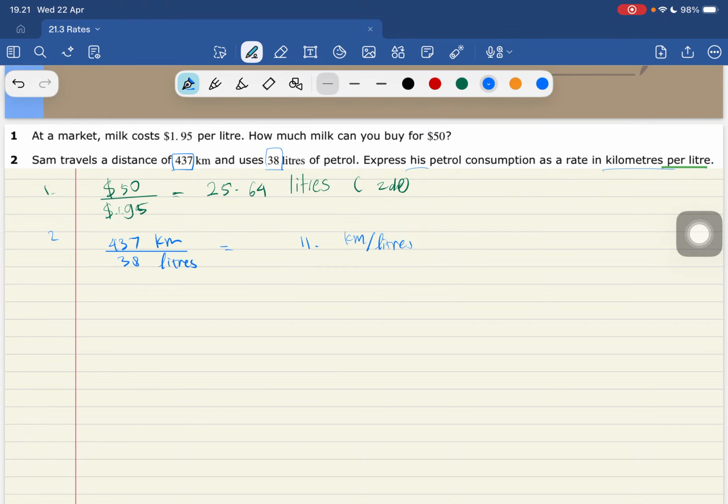Okay, number 3, calculate the average speed of the following vehicles. For the speed, I'll give you some tips. We have the triangle of distance, speed, and time.